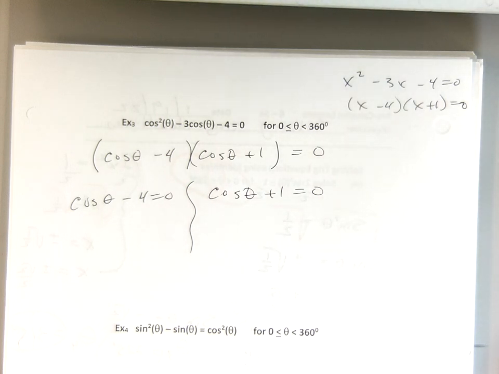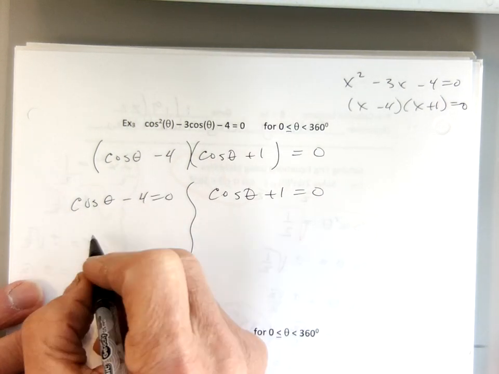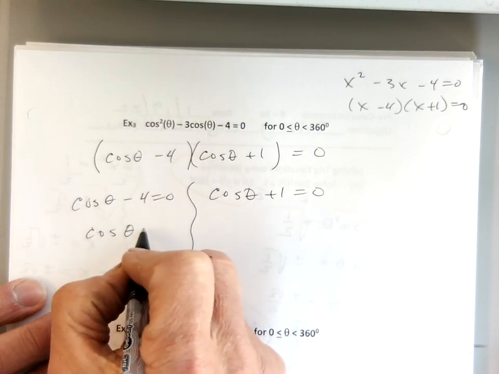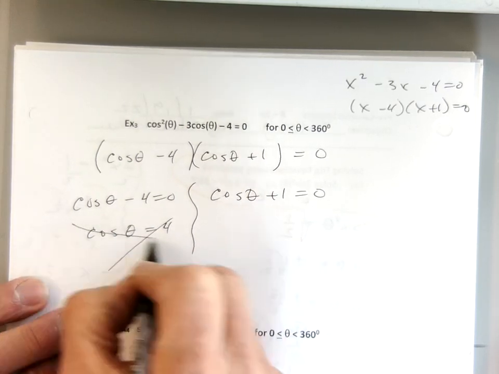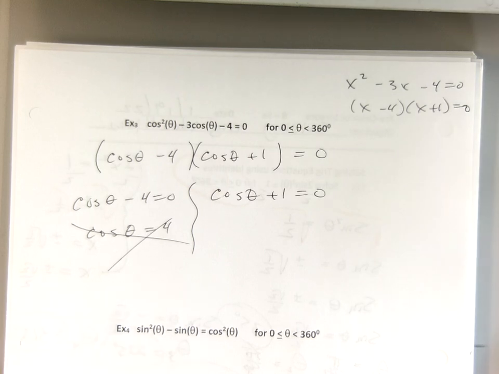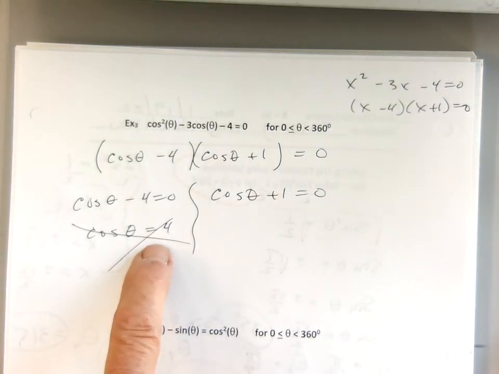And I'm just going to keep solving. Plus 4, plus 4. Cosine of theta equals 4, not in this unit circle. Do you mind if I cancel that out and throw that out? Why did I throw that out? Because it's bigger than 1. Totally right. Everybody agree with that? Bigger than 1, unit circle has a radius of 1, so throw that one out.